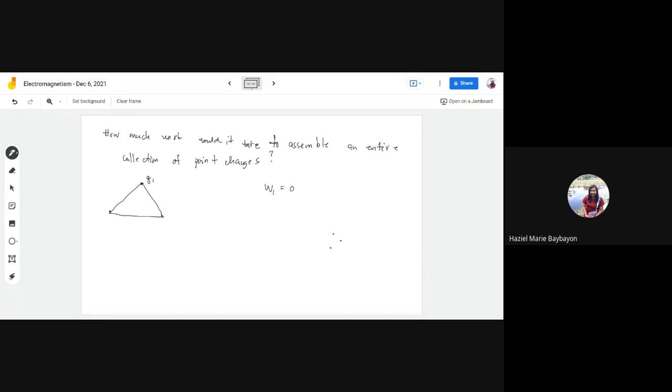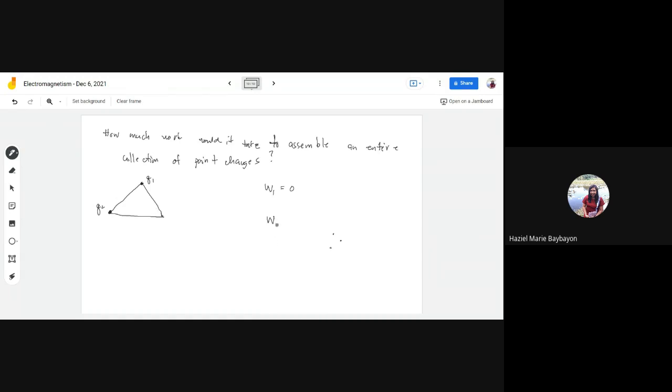How about Q2? So for Q2, say for example, we want to place it here. So here is Q2. Since Q1 is already here, there is a field.